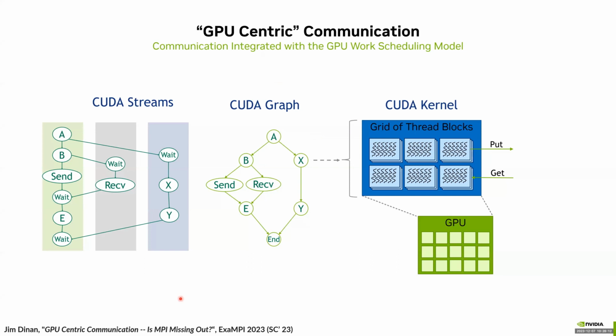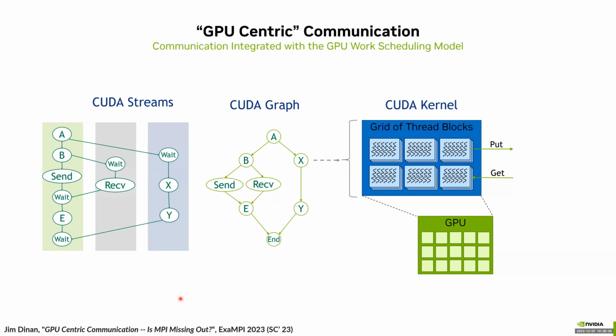The idea is that there are a few components of MPI, speaking about the two-sided semantic, so sends and receives, that prevent a full adoption of MPI for this GPU-centric vision.